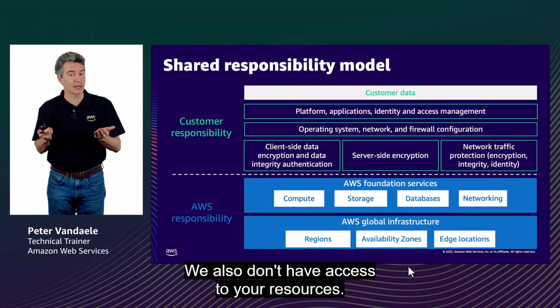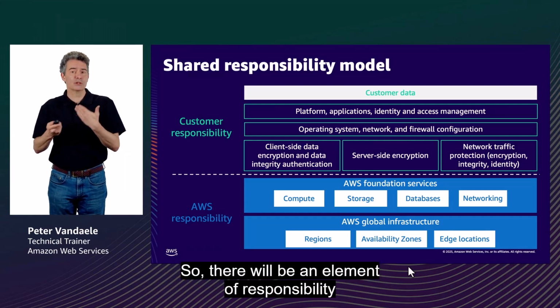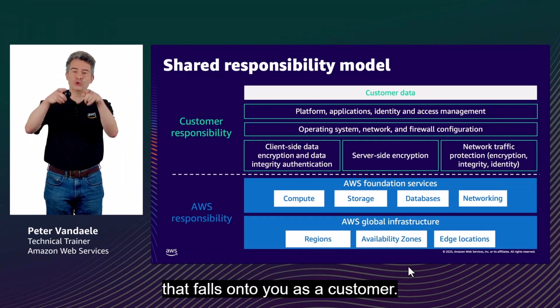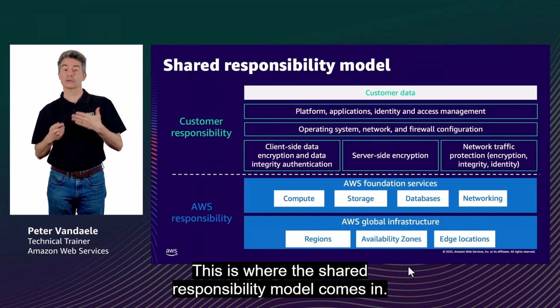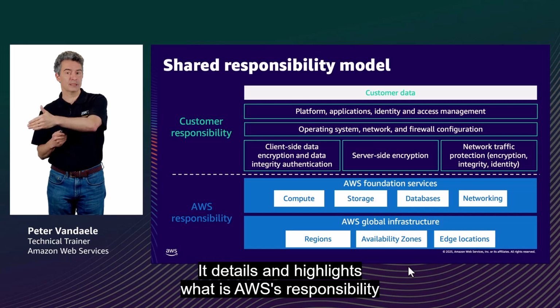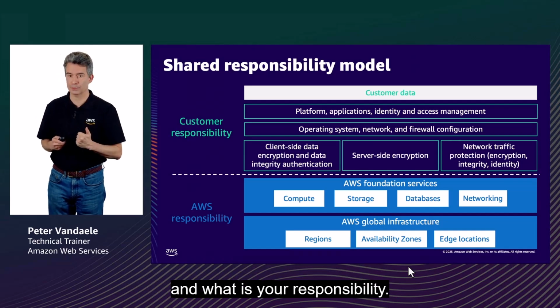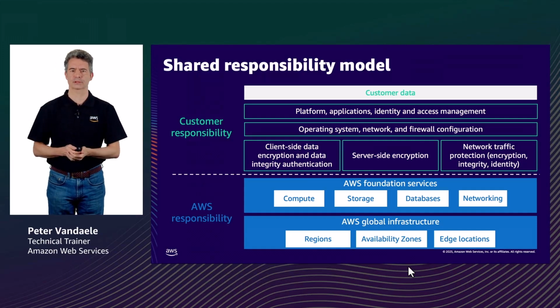We also don't have access to your resources. So there will be an element of responsibility that falls onto you as a customer. This is where the shared responsibility model comes in. It details and highlights what is AWS's responsibility and what is your responsibility. So let's take a look at two simple examples.